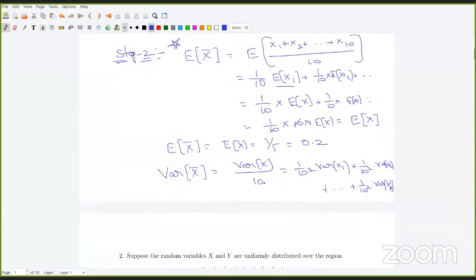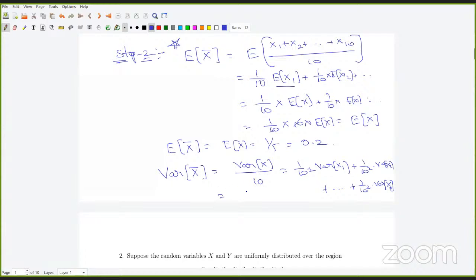Here also variance of x1 is the same as variance of x, because x1 follows the same distribution as x, so the parameters will be the same. So variance of x1 equals variance of x2 equals variance of x3, all the way to variance of x10, which equals variance of x. If you add all those, you get 1 by 10 square into 10 times variance of x, which is variance of x divided by 10.